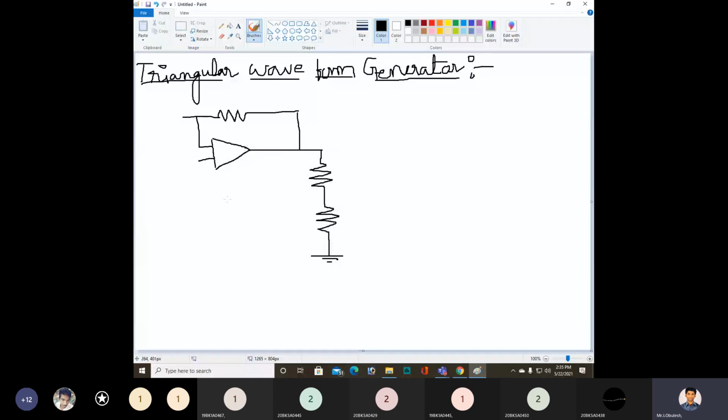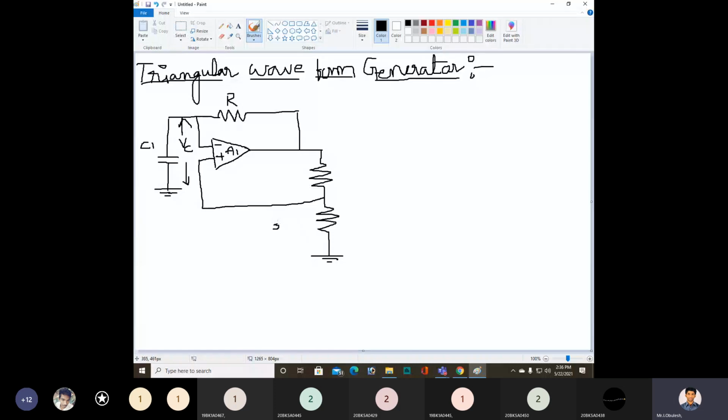Draw the diagram carefully. Here you need to connect a capacitor C1, capacitor voltage, inverting, non-inverting terminals, and the resistor R. Let us assume this is op-amp 1.